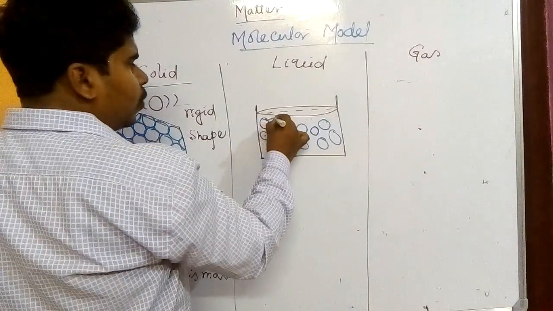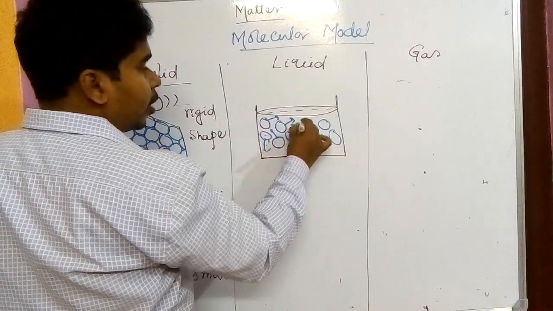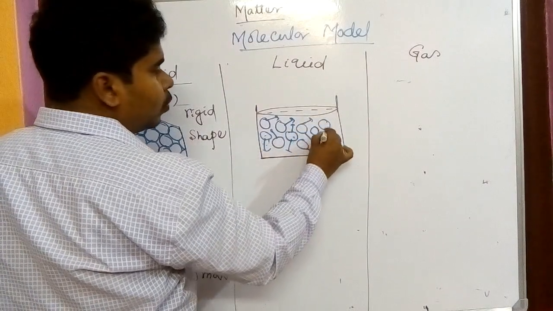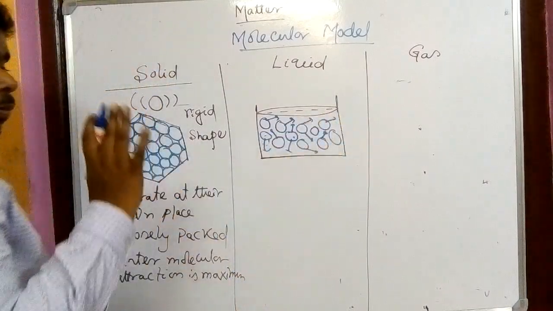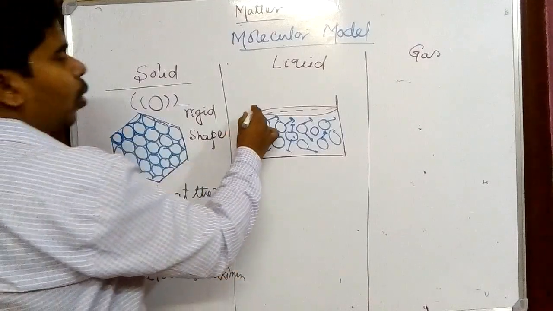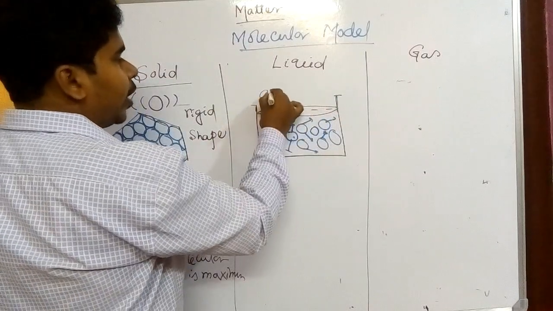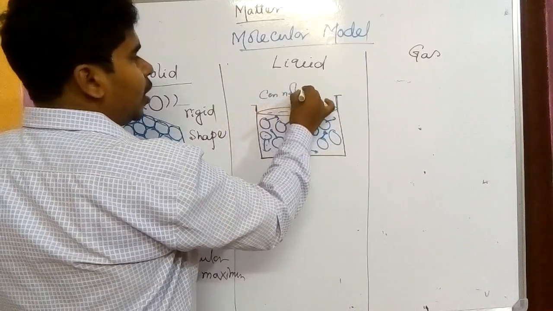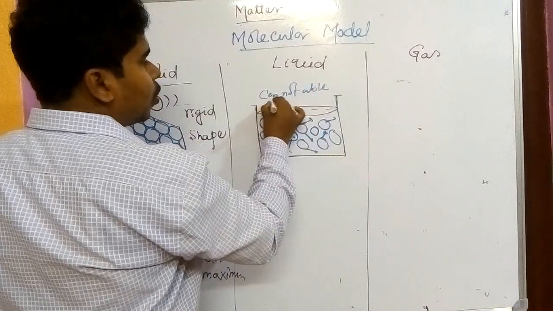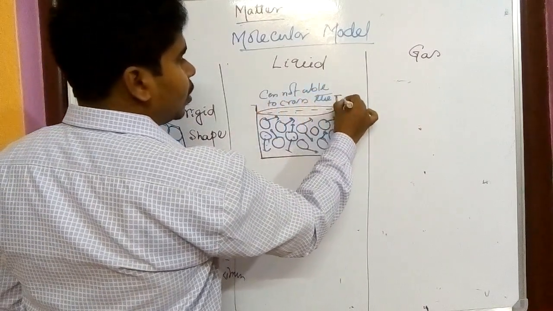Whether they can move? Yes, they can move in any direction, but they cannot cross the boundary. We can write: they cannot cross the boundary.